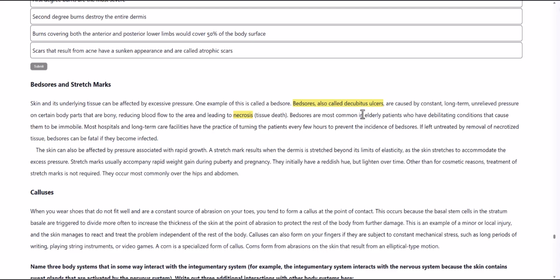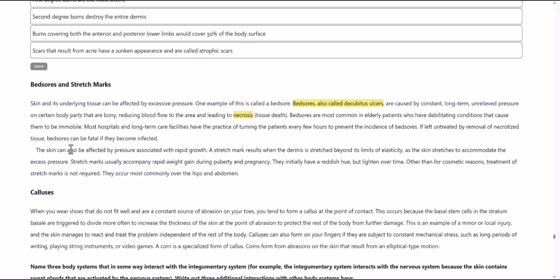Again, these bed sores are sometimes considered a sign of neglect in elderly people. If you're immobile, it's important that healthcare workers are turning the patient so that they're not sitting on the same tissue all the time. Those decubitus ulcers can become infected. And if you're already an older person and are immunocompromised, those infections can be fatal.